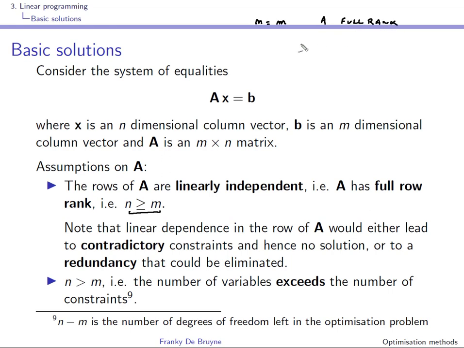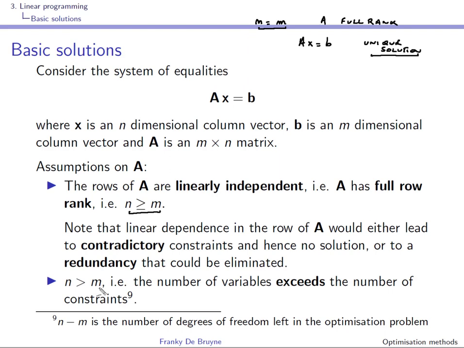So the system of equations Ax = b has a unique solution, and by definition it will be also the solution of our optimization problem. So this situation, n equal to m, does not make much sense.